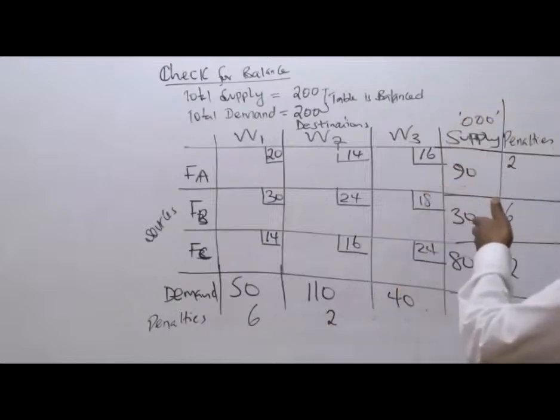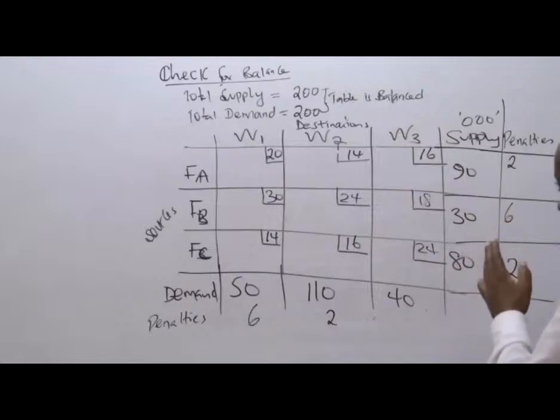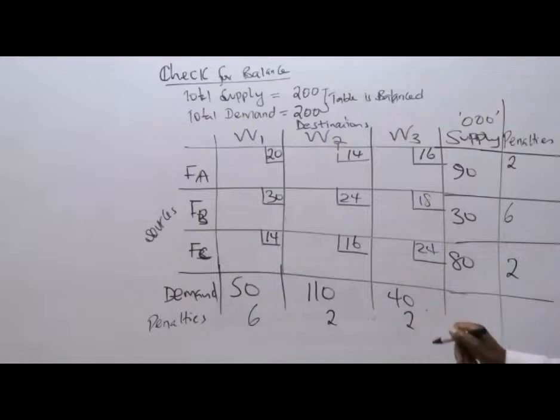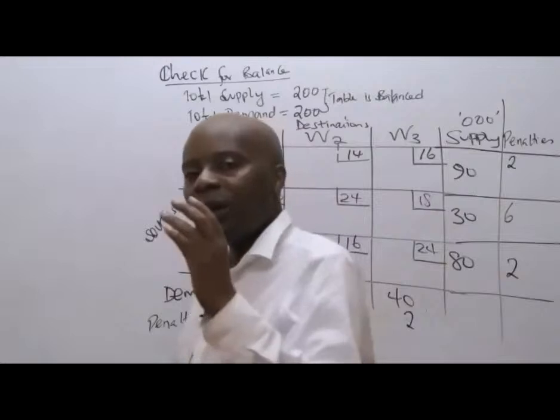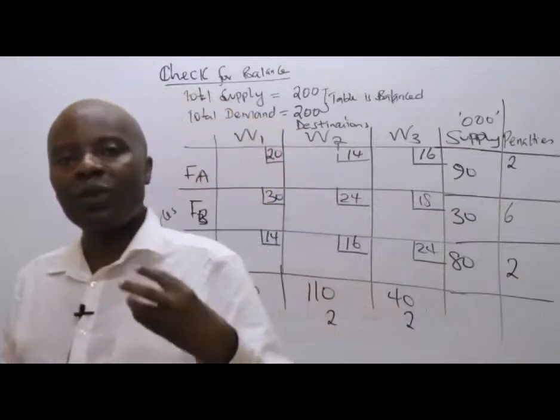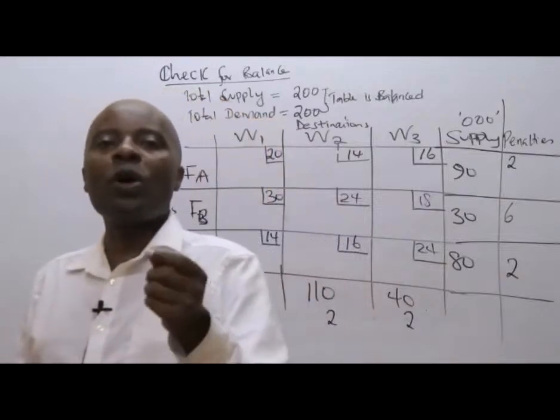Lastly, column 3. What is the penalty? The very best is 16, followed by 18, which gives me a penalty of 2. Now, ladies and gentlemen, remember that we normally use the penalties that we have ascertained to do allocations.